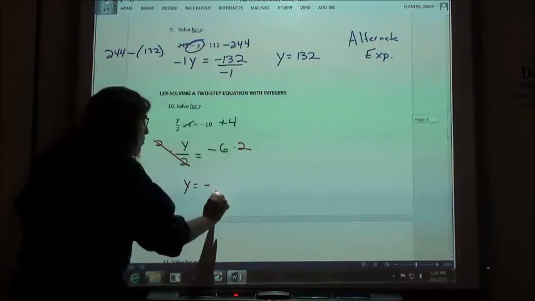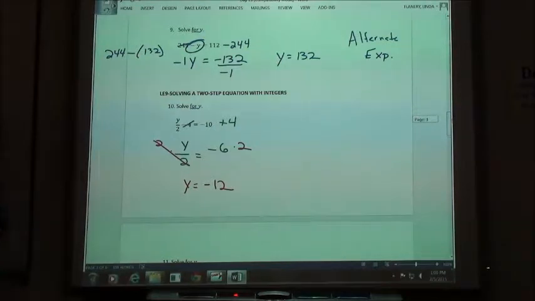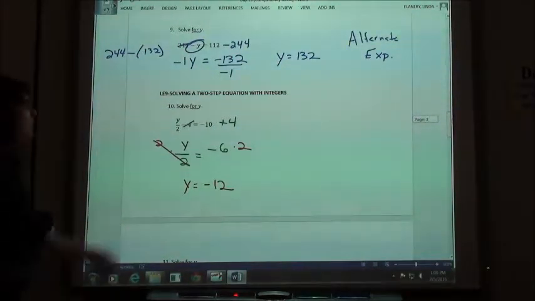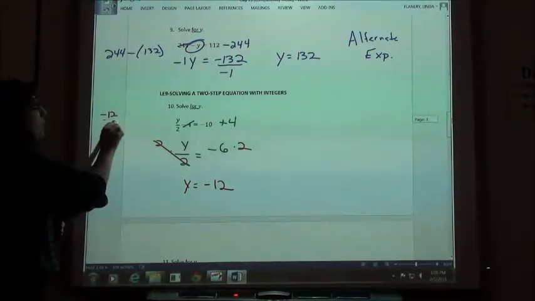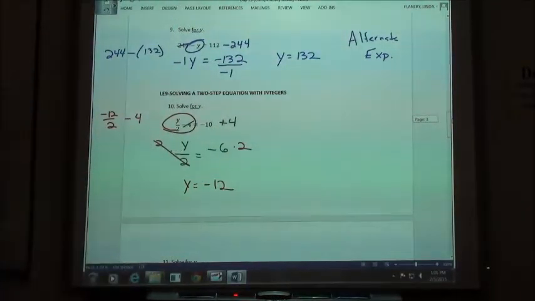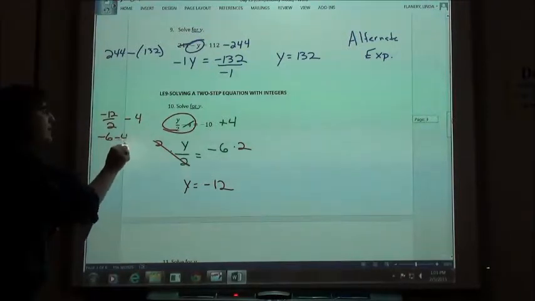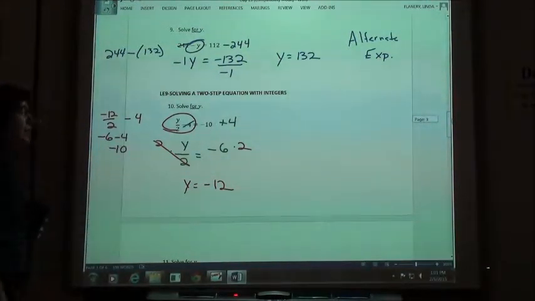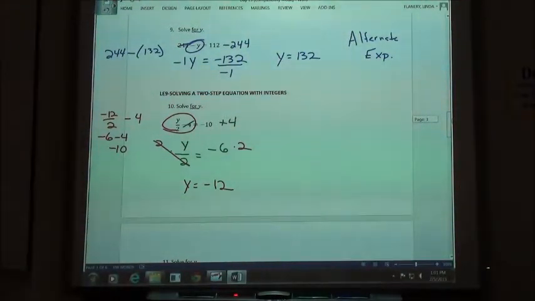Y then is going to equal negative 12. So I would have negative 12 over 2 minus 4 for this side of my equation if I were going to check it, right? Negative 12 divided by 2 is negative 6, and negative 6 minus 4, sure enough, gives me the answer of negative 10.